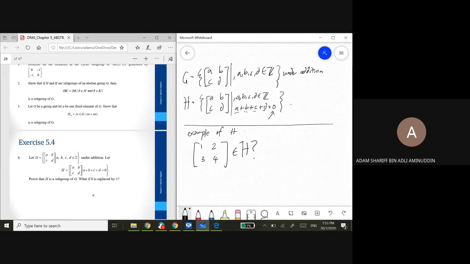Simple, we check. 1, 2, 3, 4 is in G, in Z. However, 1 plus 2 plus 3 plus 4 is not equal to 0. So it's not in H. The conclusion is no, but why? Because 1 plus 2 plus 3 plus 4 is not 0.